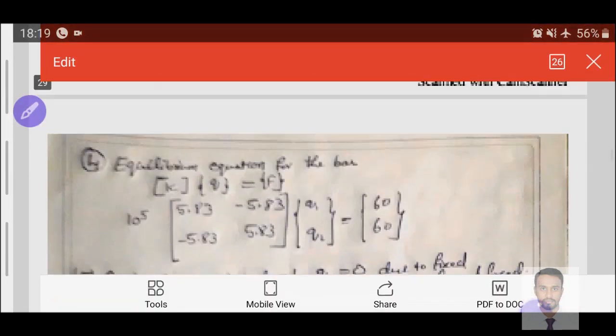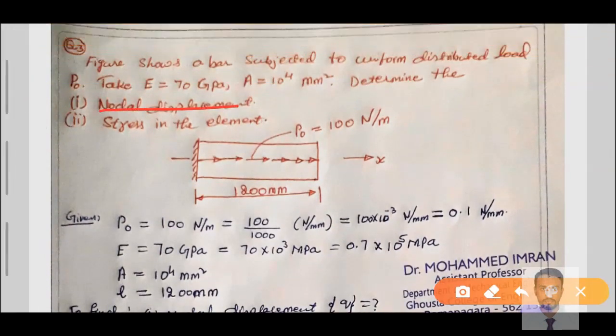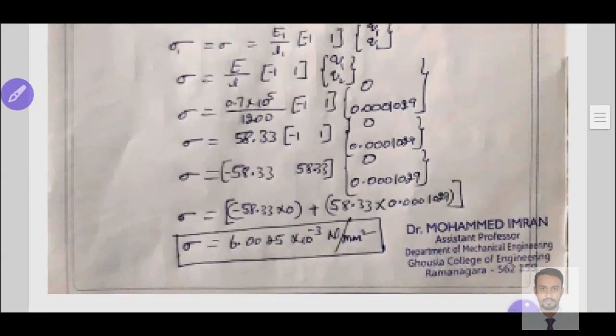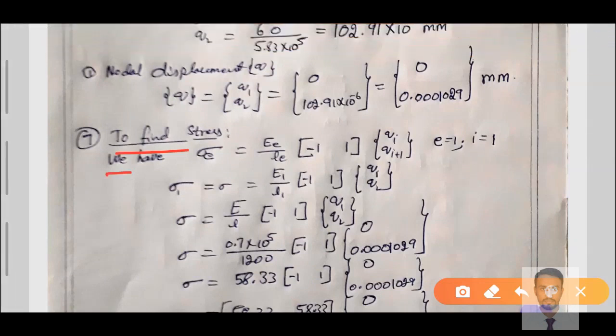To find the next part in the given problem, we found this nodal displacement. Then we have to find the stress in an element. To find the stress in an element, we have the equation sigma E equals E_e divided by L_e times [minus 1, 1] times [Q_i, Q_i plus 1], where e equals 1.